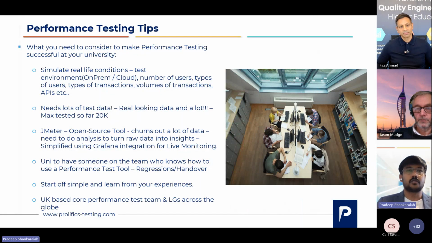This is a bit of a crowded slide, but what I'm trying to say is, from the performance delivery point, there are a few tips which are good to have on hand. Some of them would be real life conditions. How do we simulate real life conditions? What test environments are we testing on, whether on-prem or cloud, the number of users, types of transactions.